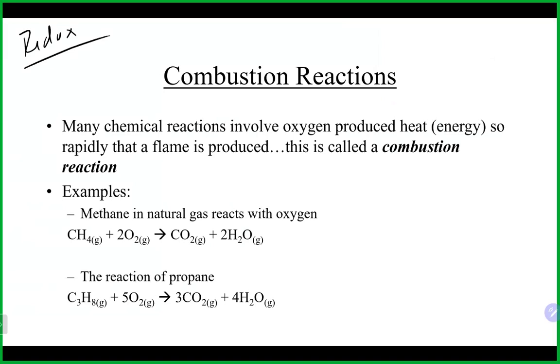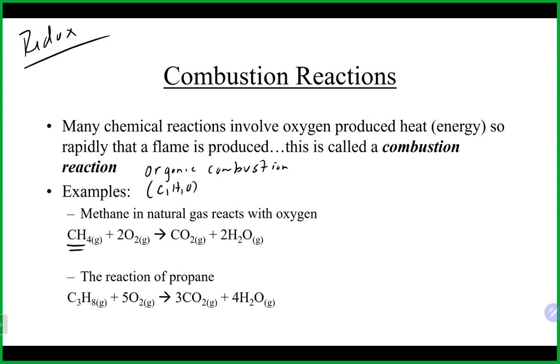Now, when we talk about combustion reactions, there are two types of combustion reactions that we talk about. One is probably, I would say, 99% of the time when somebody is talking to you about a combustion reaction. Sometimes people refer to it as an organic combustion reaction. And what that means is you're starting with an organic compound, which has carbon, hydrogen, sometimes oxygen.